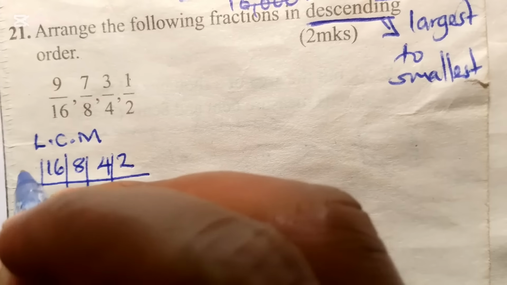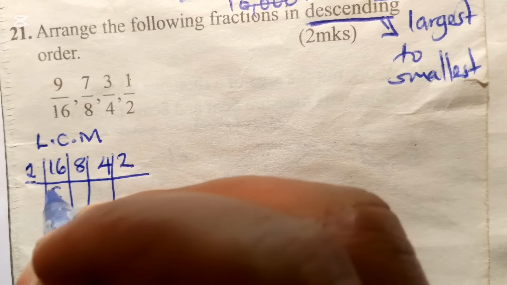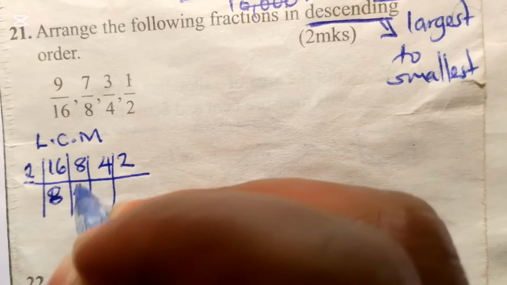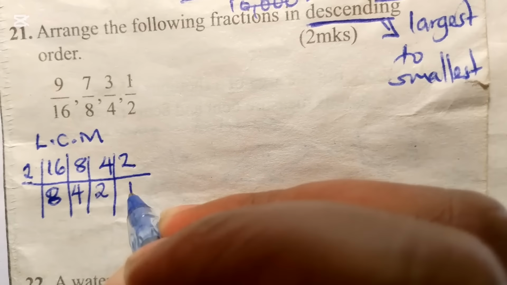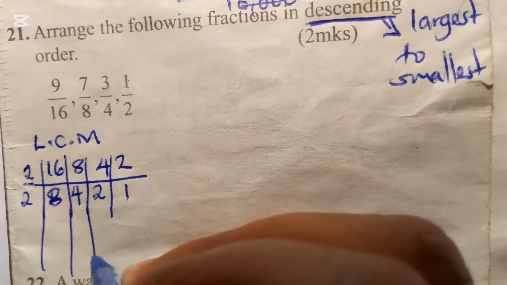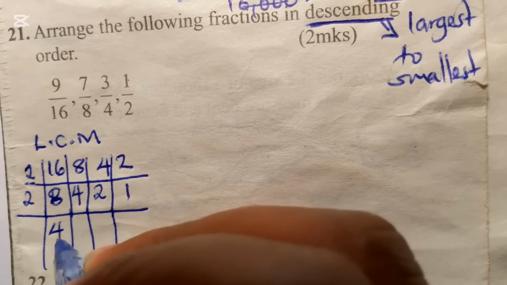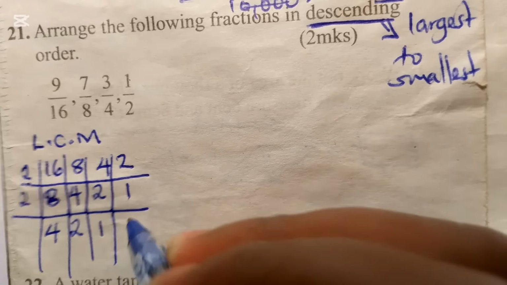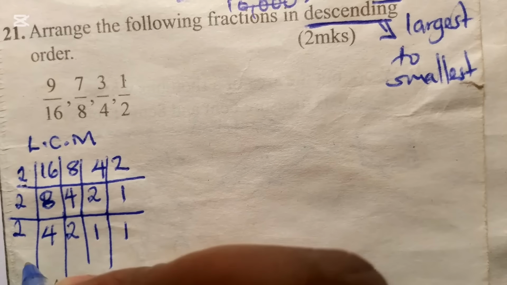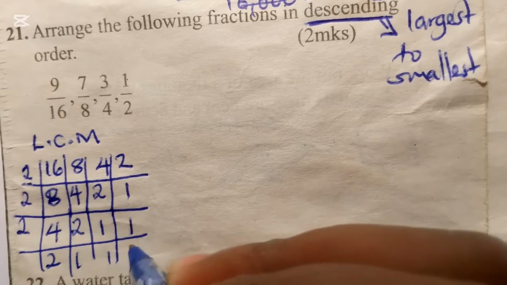Dividing by 2, we have 8, 4, 2, and then 1. Further by 2, this will be 4, 2, 1, 1. By 2, this will be 2, 1, 1, 1.